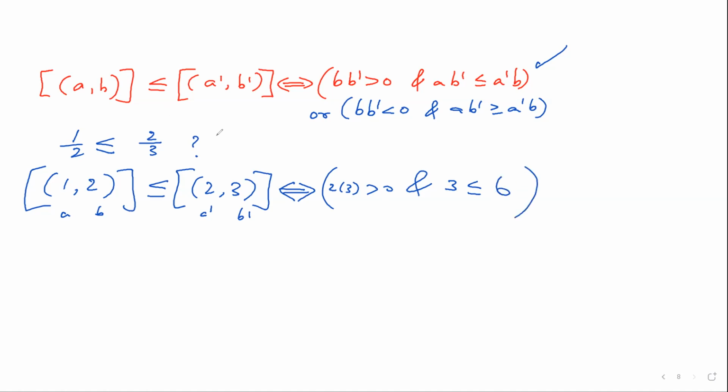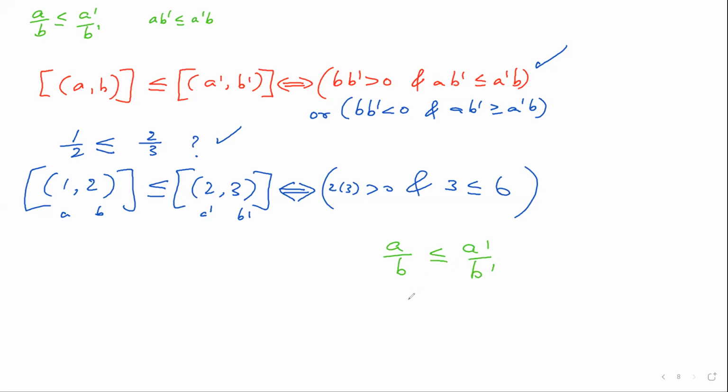So that is how come. Essentially what is happening is, look here. Can someone tell me what this is really? When is it that you have two rational numbers compared like this? When a b prime is less than or equal to a prime b, isn't it? Because a over b is less than or equal to a prime over b prime.